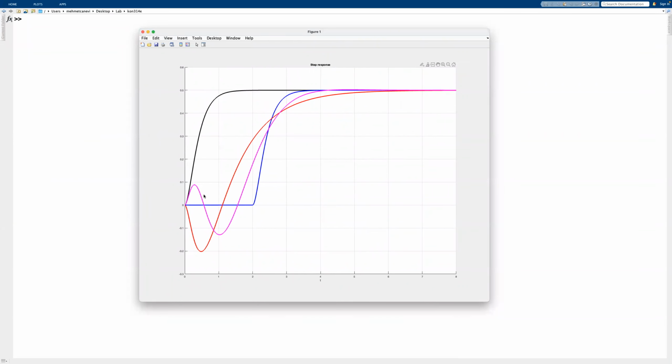Now, it seems like the second order approximation is also not that similar, but has a little bit more to it than the red one, because at least we are reaching it before the red one reaches the actual response. But in terms of approximation, both seem to be terrible.